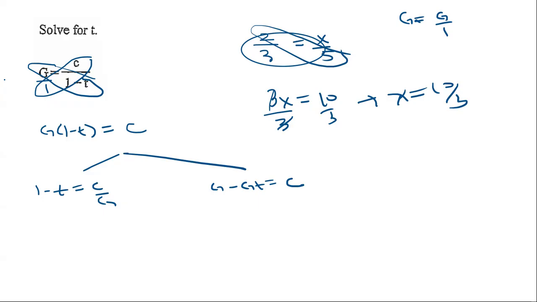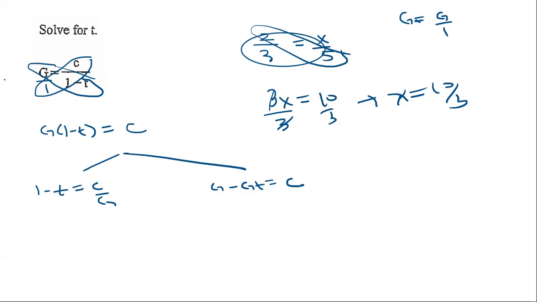If I went this path here, all I did was either divide by g or distribute the g. I have a negative here, and we don't like negatives. So to make my life easier, I can move this minus t to the right side and move the c over g to the left side.